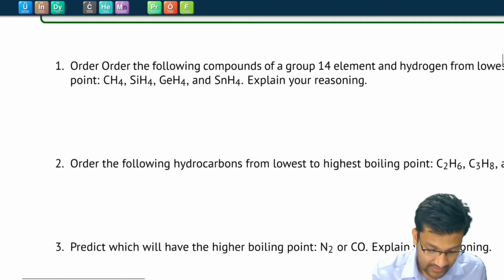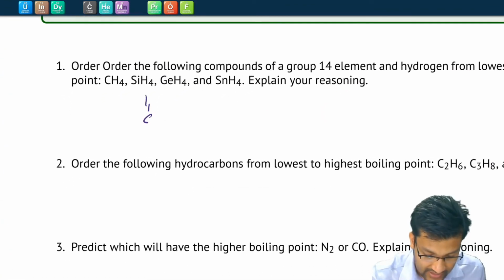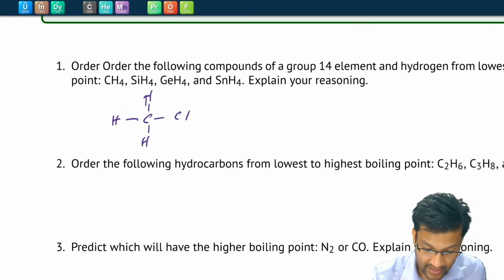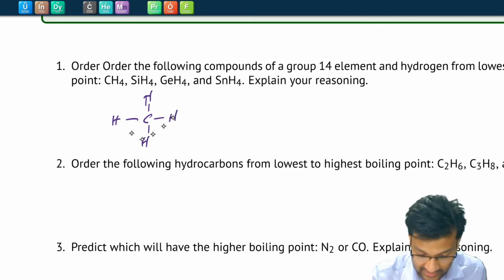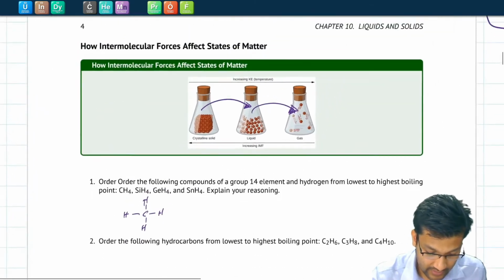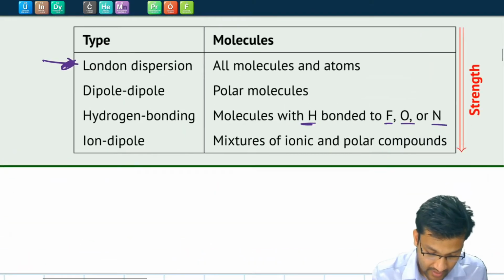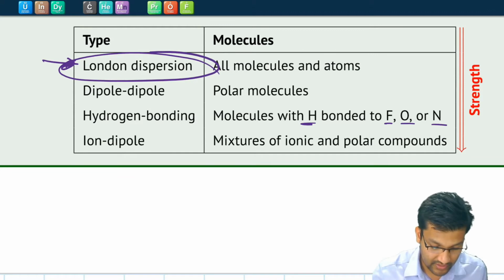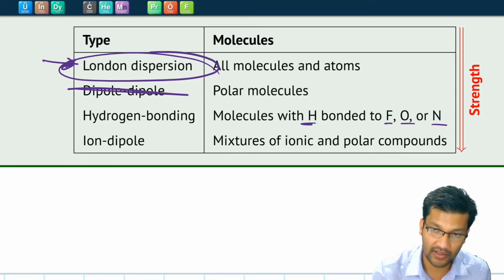So let's look at these. We looked at CH4 before in class, and we talked about how CH4 is not polar, for one. It doesn't exhibit hydrogen bonding, right? So let's go over to the list here. We know there will exist London dispersion. It does not exhibit dipole-dipole interactions because CH4 is not polar.